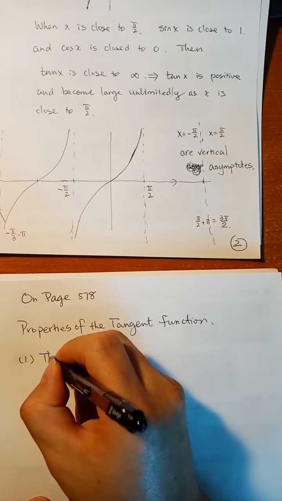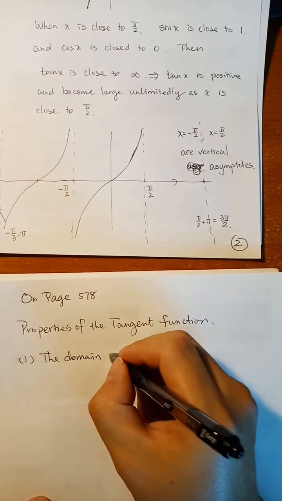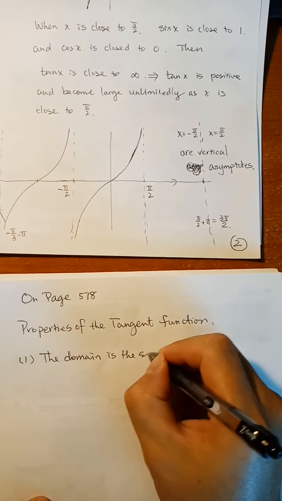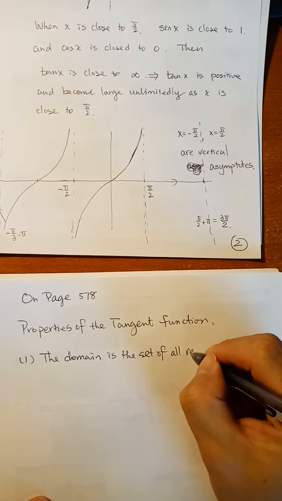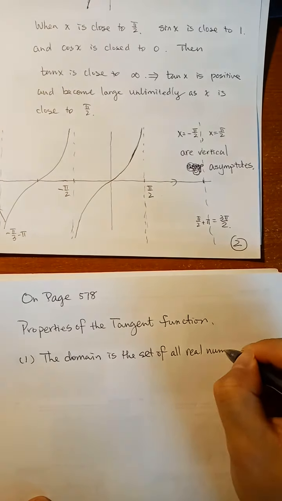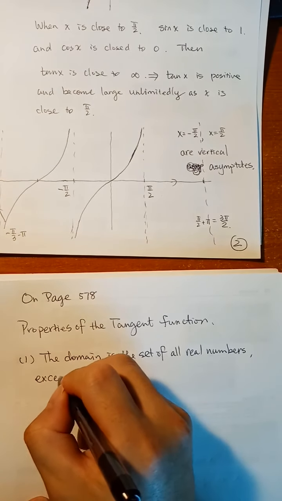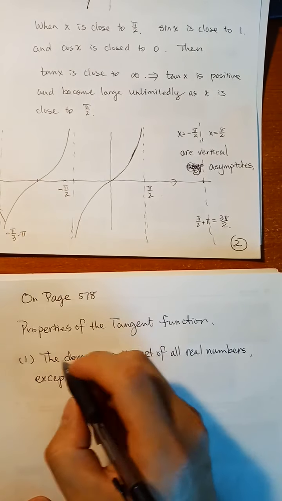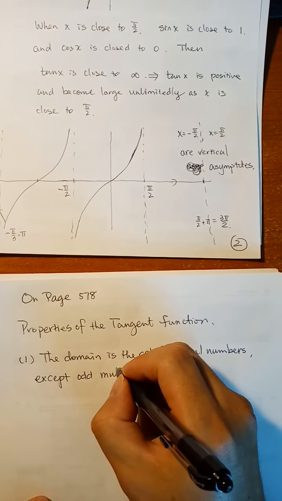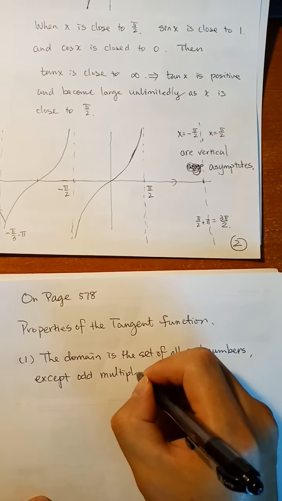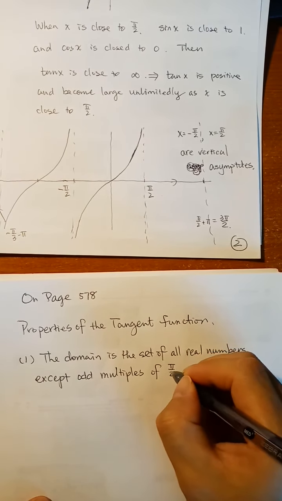So the domain is the set of all real numbers except, the important thing is this except part, except odd multiples of pi over 2.